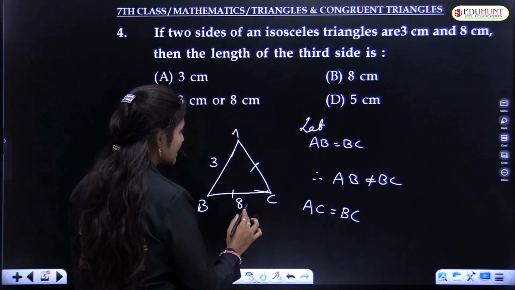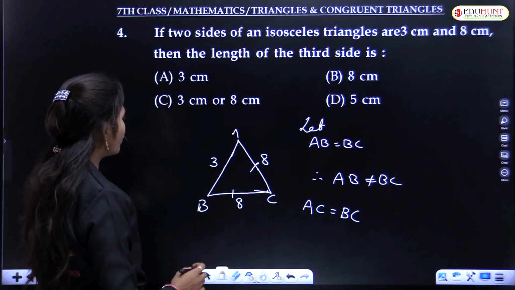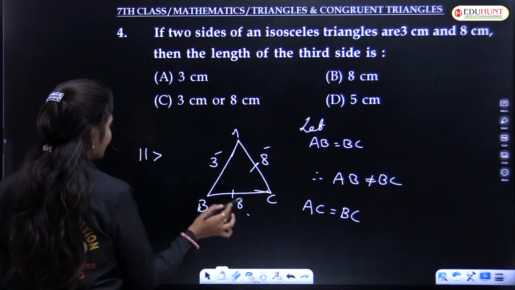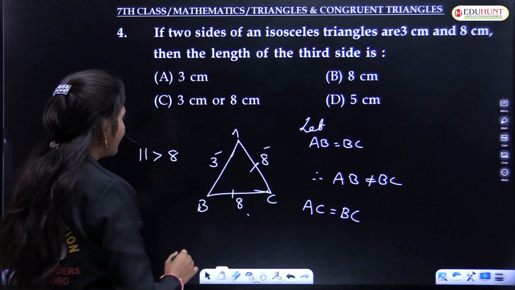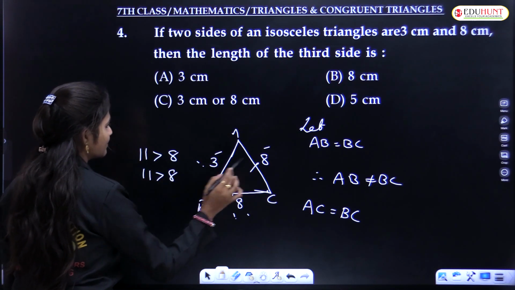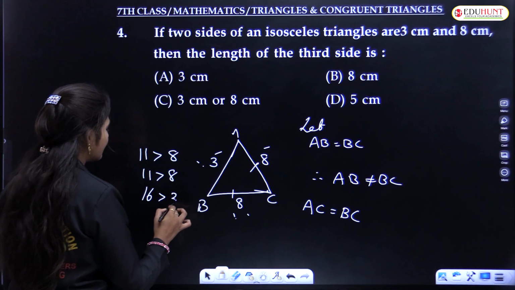So this is 8, that's why this is also 8. Now check the conditions. 3 plus 8 is 11, greater than 8. Next, 3 plus 8, again 11, greater than 8. Next, 8 plus 8 is 16, greater than 3.